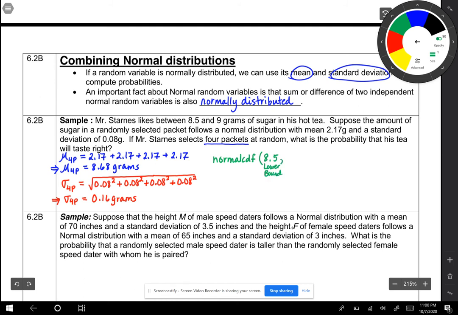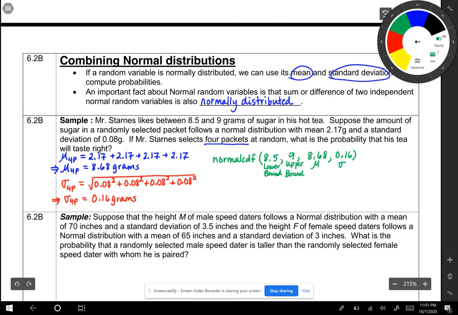Upper bound is 9. Hopefully in your notes you're labeling these. If you label in your notes, you're apt to label it on tests, free response questions, right? And then your mean is 8.68. We just found that, and our standard deviation is 0.16.